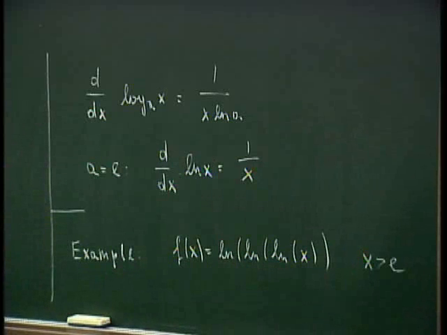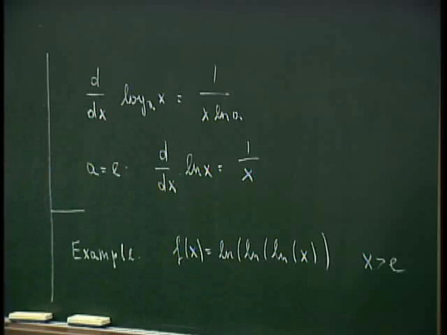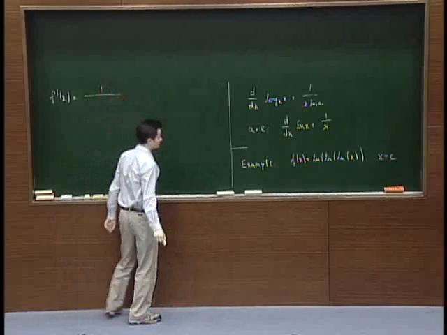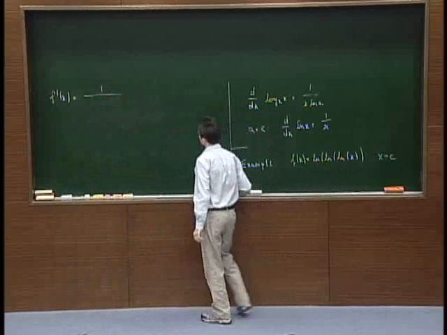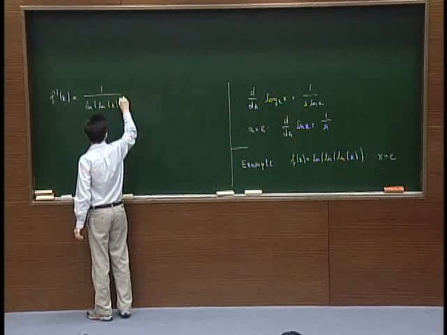If you compute the derivative, what you have to use here is the chain rule and this rule for the derivative. So if you look at the outermost function ln, the derivative is just 1 over ln of ln of x.